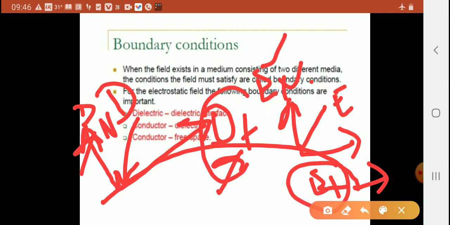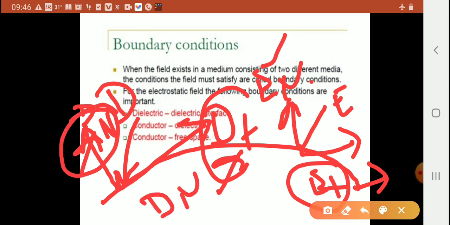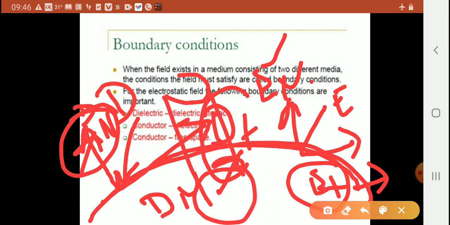Dt is the tangential component of flux density and Dn is the normal component of flux density. So this boundary condition is calculated over the Gaussian surface, Del S, with surface charge density rho s.